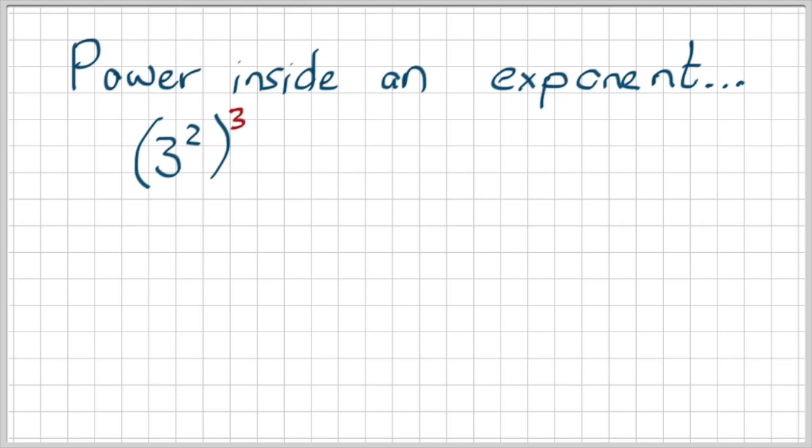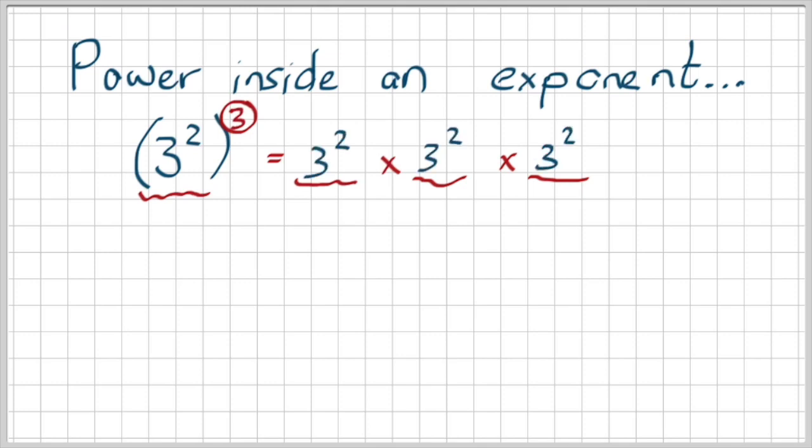Let's go back to the definition. What does the power of 3 actually say? It is that thing inside the power of 3 multiplied by itself 3 times. Okay? In other words, 3 to the 2 times by 3 to the 2 times by 3 to the 2.